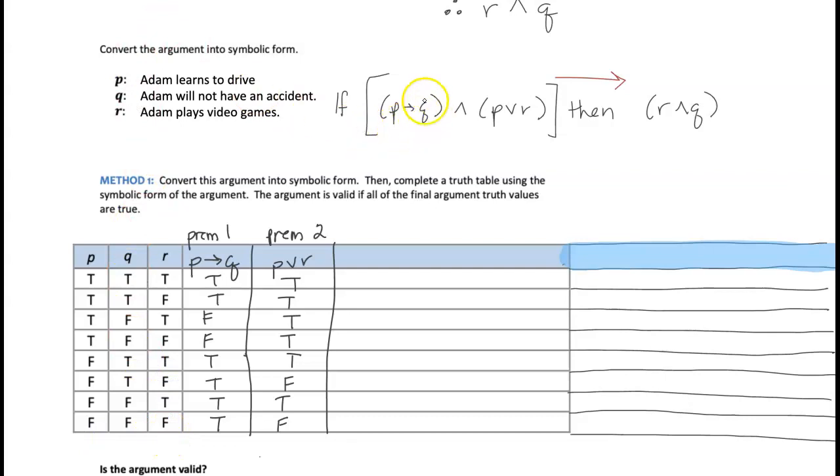So now we have our parentheses on the left and parentheses on the right for the antecedent. We want to connect them with an and, which is a conjunction. So let's take premise statement 1 and premise statement 2 together. Premise statement 1 was if P then Q. Premise statement 2 was P or R. And so we're going to connect these two columns with an and.